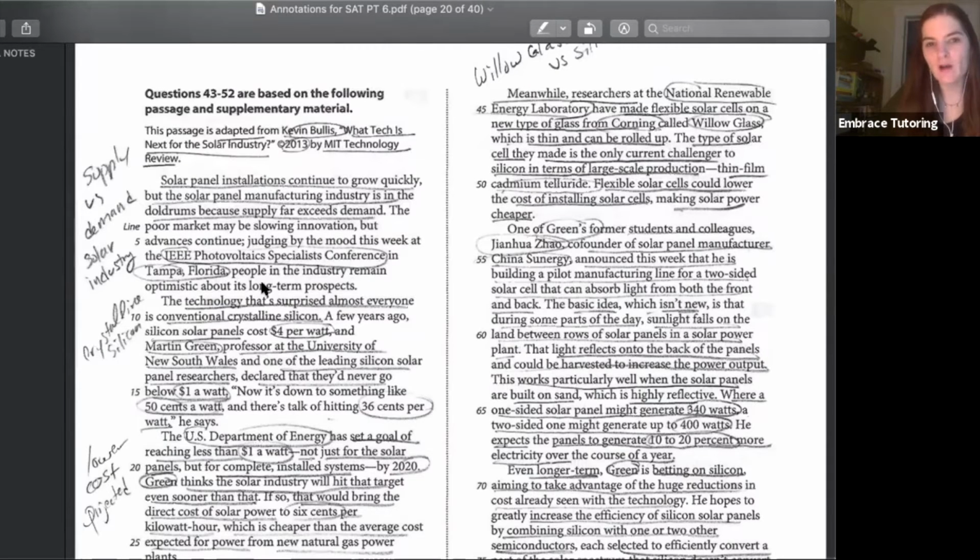The point of the reading test is to make sure you're a good reader, that you can find critical information from a text and be able to talk about it, to be able to answer questions. Because in college, you're going to be reading a lot of material each week.